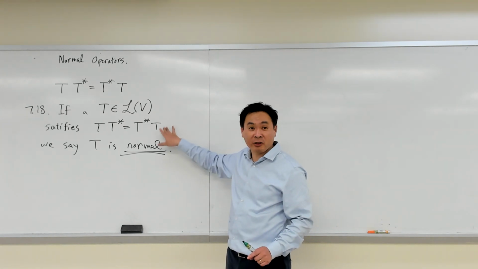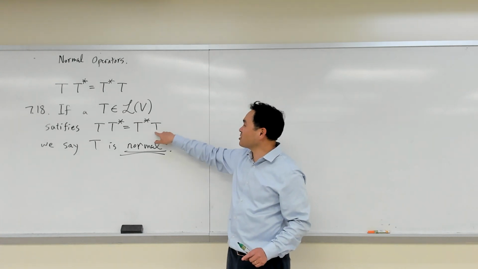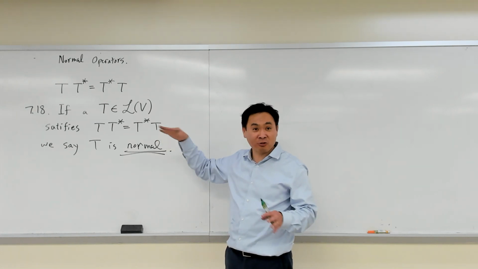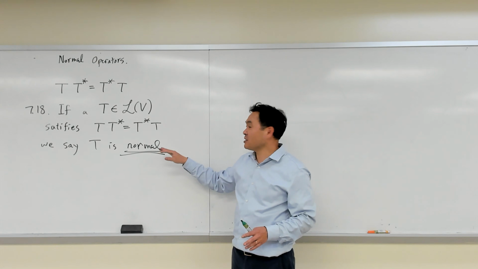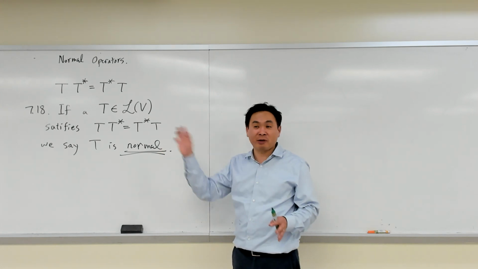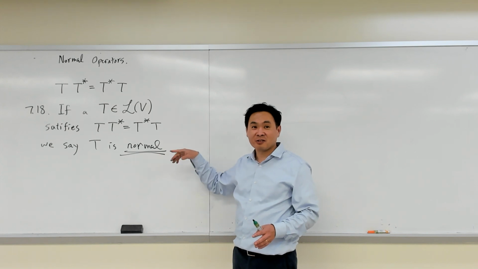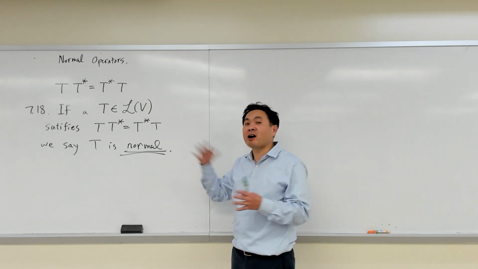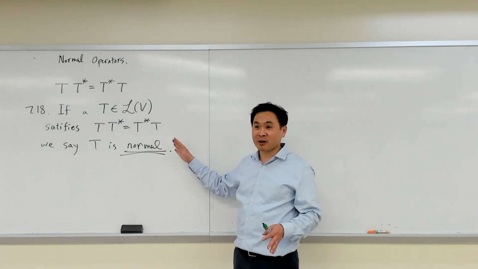This is an algebraic condition. It's not a single equation, but it has several equations together, right? So what that means is that if you randomly write any matrix, it's usually not normal. So there are far more non-normal matrices than normal matrices. Is that okay? All right.